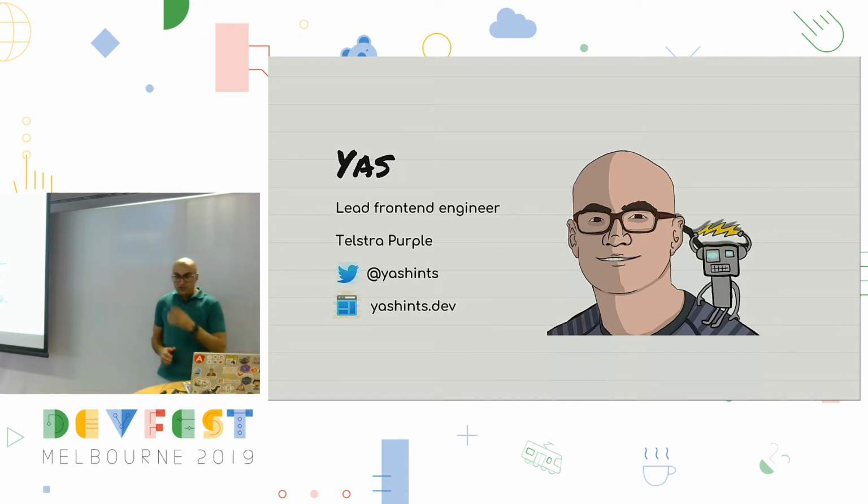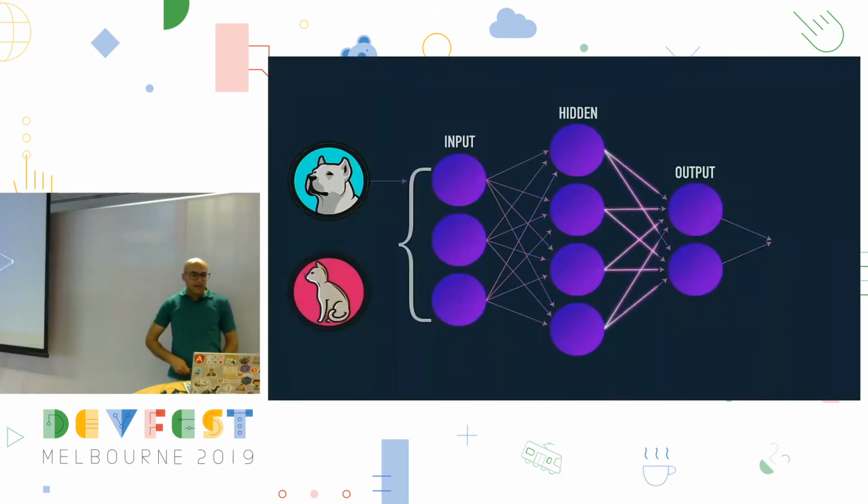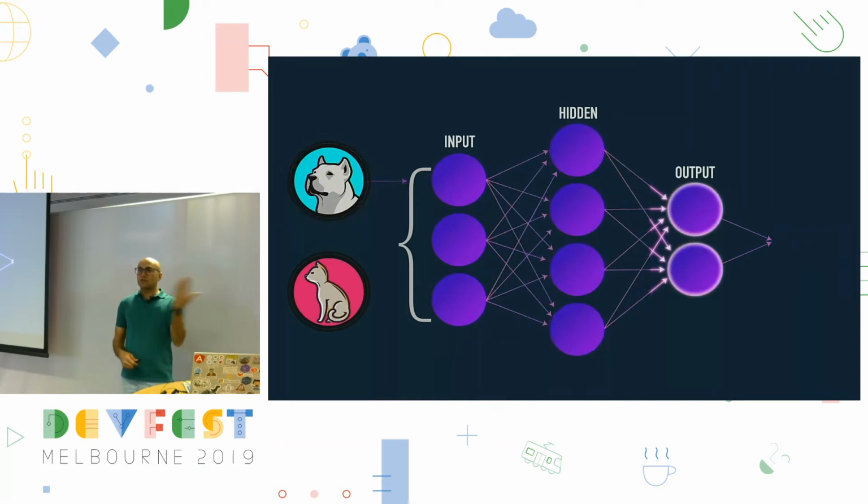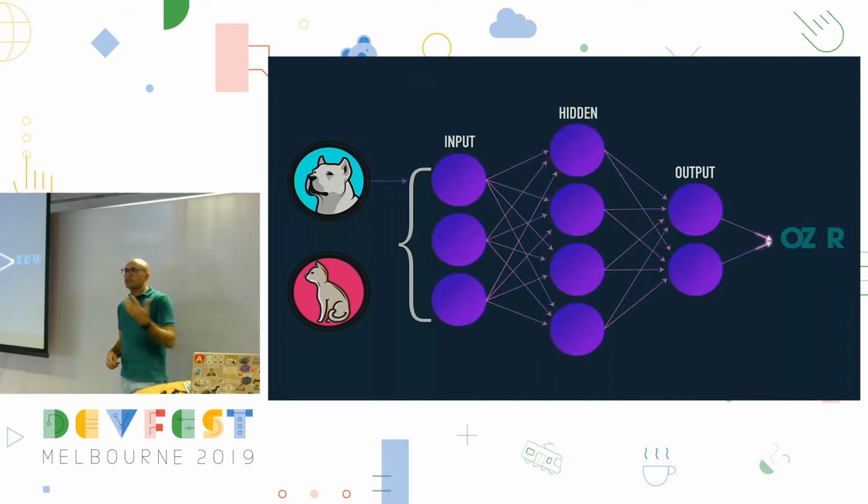So just a quick overview of machine learning for newbies like me, because I don't have any background in machine learning or data at all. And I just got interested when I found out about TensorFlow.js because I could use it in my day-to-day job. So that's pretty amazing. Now, all that a machine learning model does is it gets some inputs, and then it goes through a series of layers of basically doing some mathematical operations, and then it gives you an output.